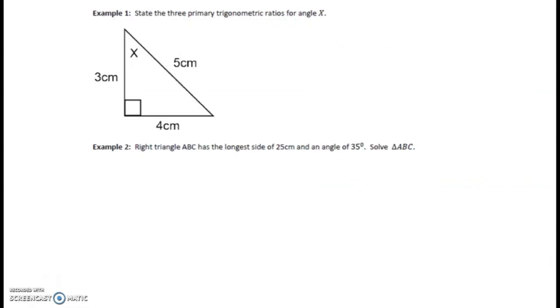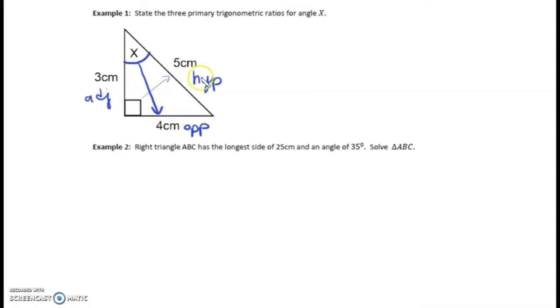Example 1, state the 3 primary trig ratios for angle X. Relative to angle X, I'm going to use the arrow method to label the opposite. The opposite and the adjacent meet at 90 degrees, and the hypotenuse, which is always the longest side in a right angle triangle, is also opposite the 90 degree angle.